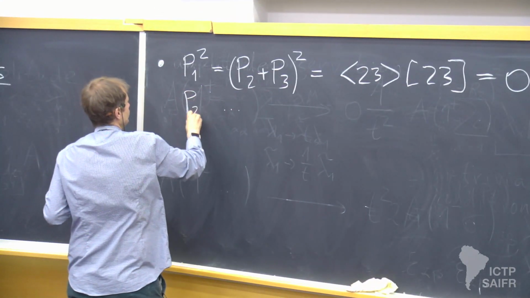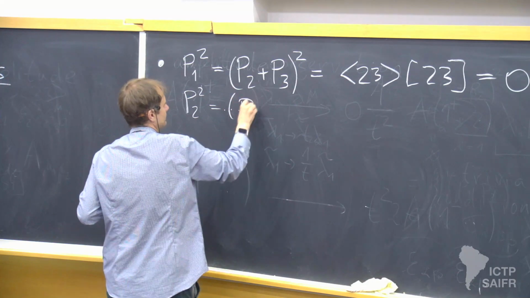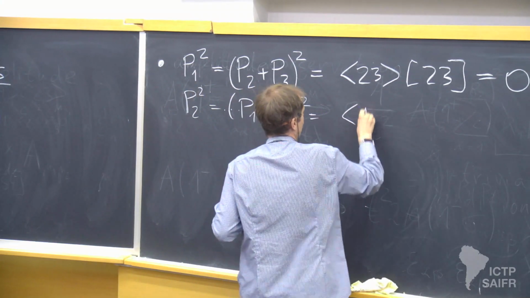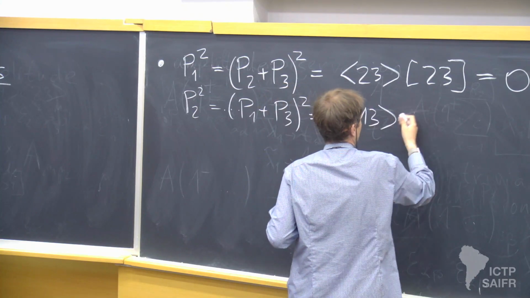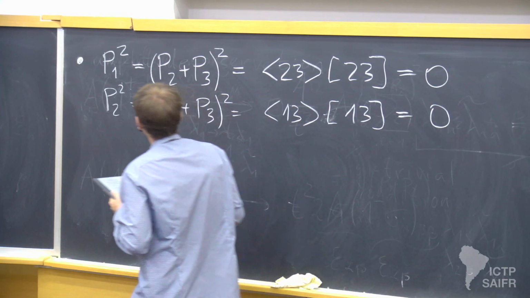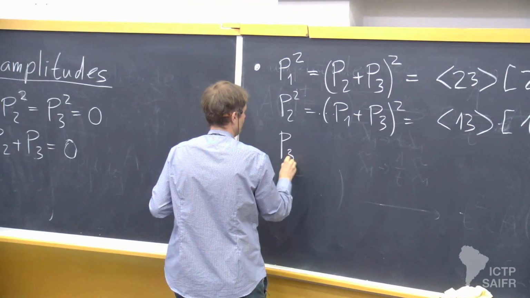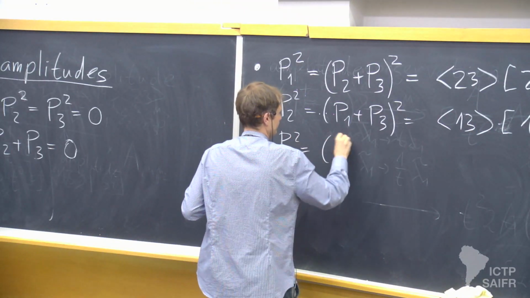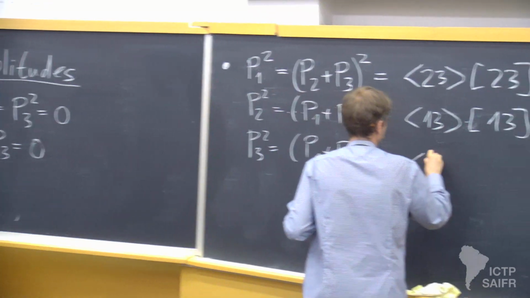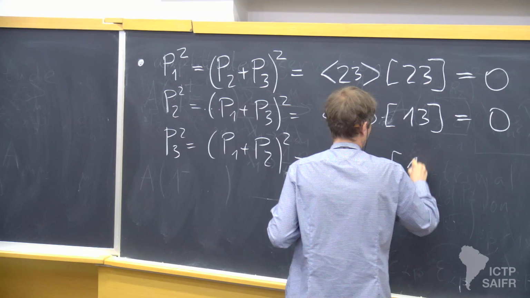Then we do the same thing for P2 squared. This is P1 plus P3, so this is angle 1,3 times square 1,3. And this is 0. And the same thing for the last one. This is (P1 plus P2) squared, which is angle 1,2 times square 1,2. So a lot of things are 0.